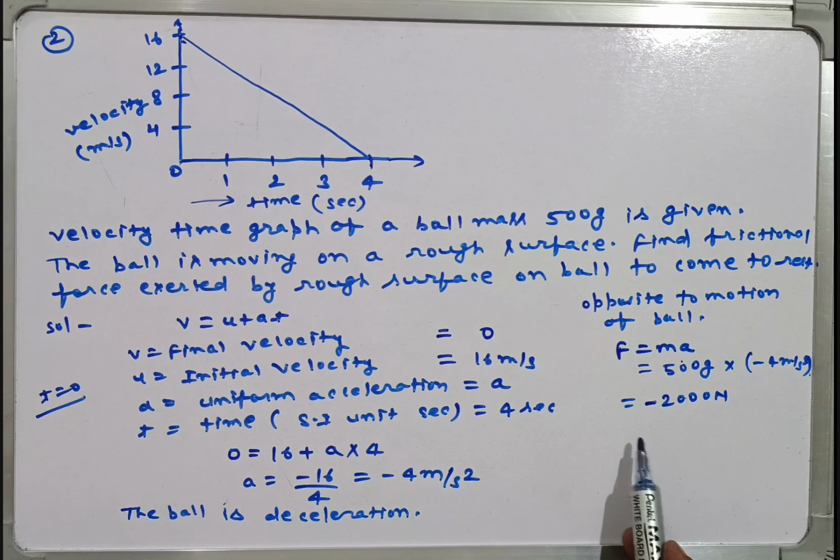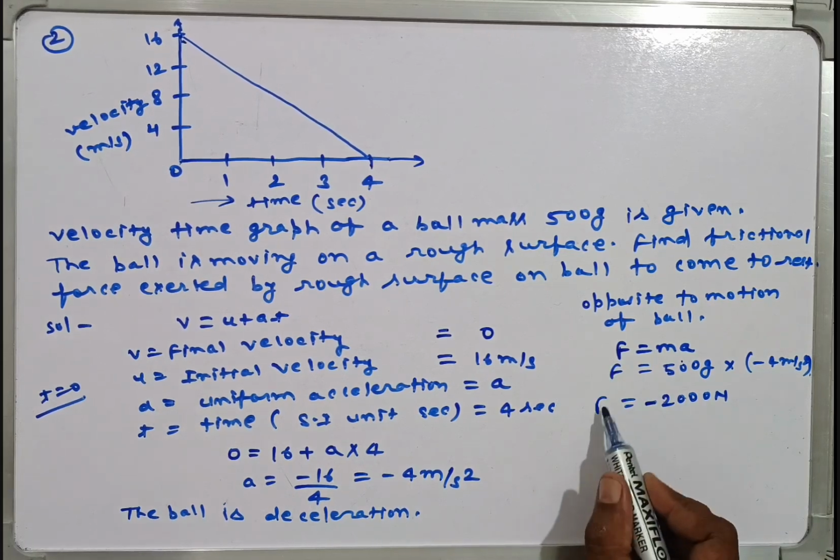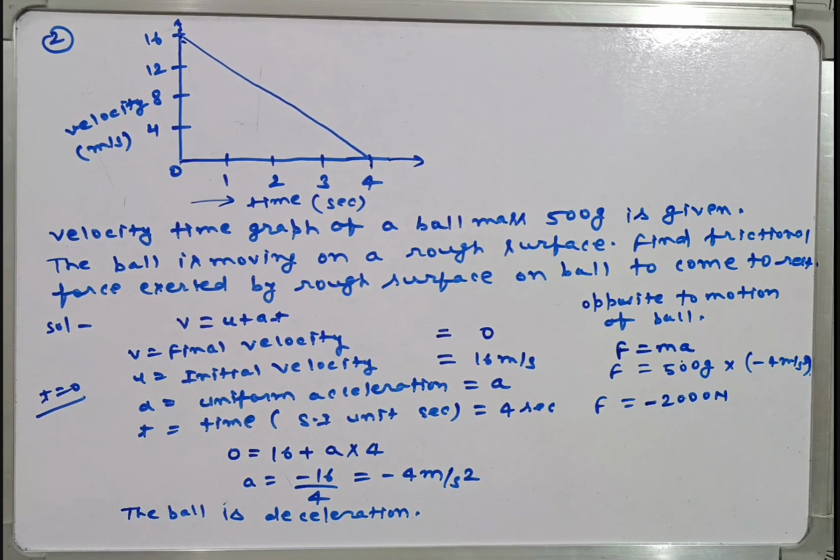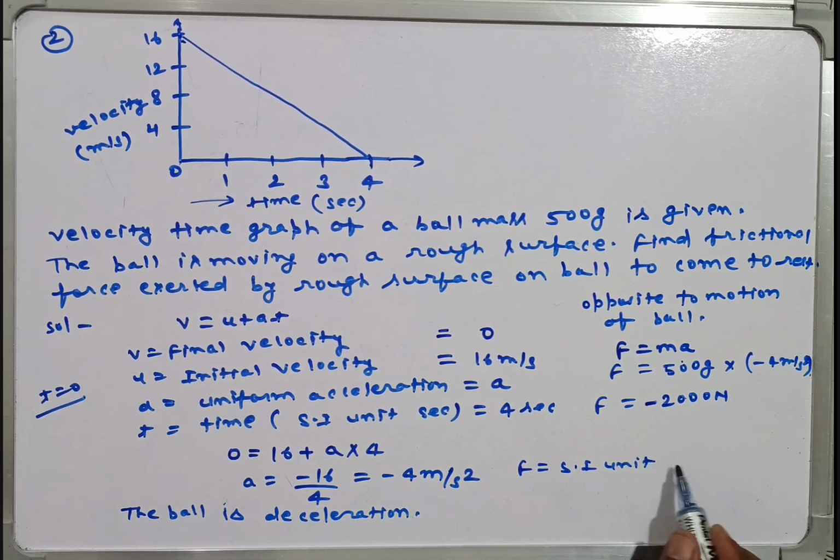So guys, whether all my statements are correct here, or did I make any mistake? My answer is, I made one mistake here. You know guys, the SI unit of force is kg meter per second square.